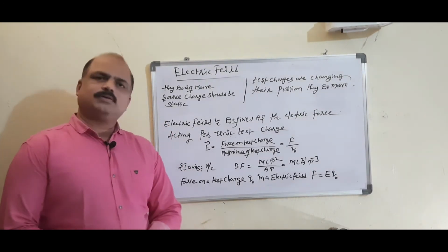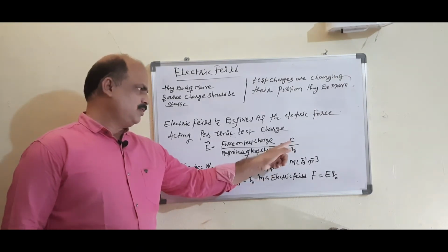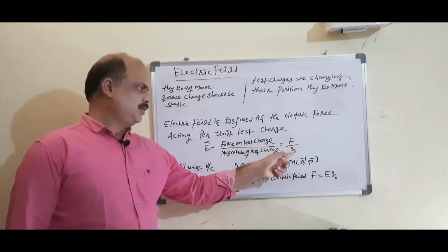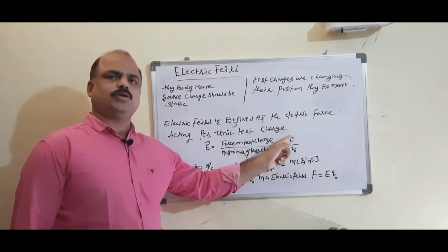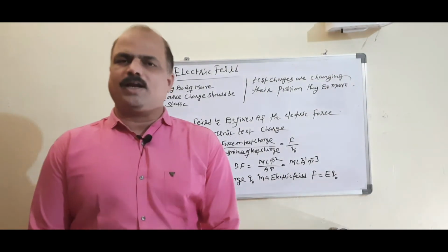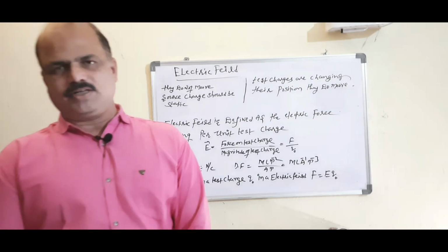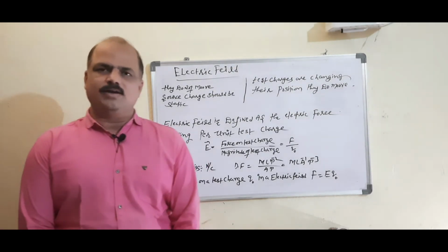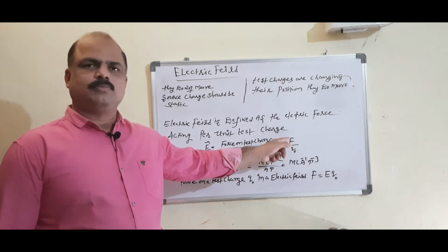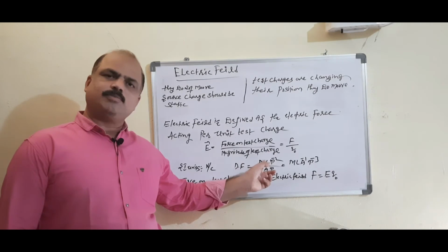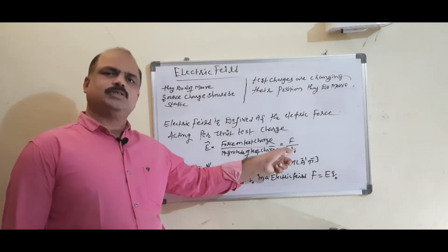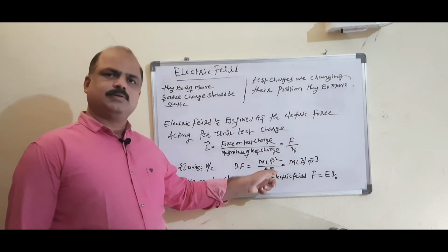What are the units here? SI units: Newton per Coulomb. In the numerator there is a force term, in the denominator there is a charge term, so Newton per Coulomb. And what is the dimension formula for electric field? In the numerator there is a force term, whose dimension formula is MLT power minus 2, divided by Q, the charge.